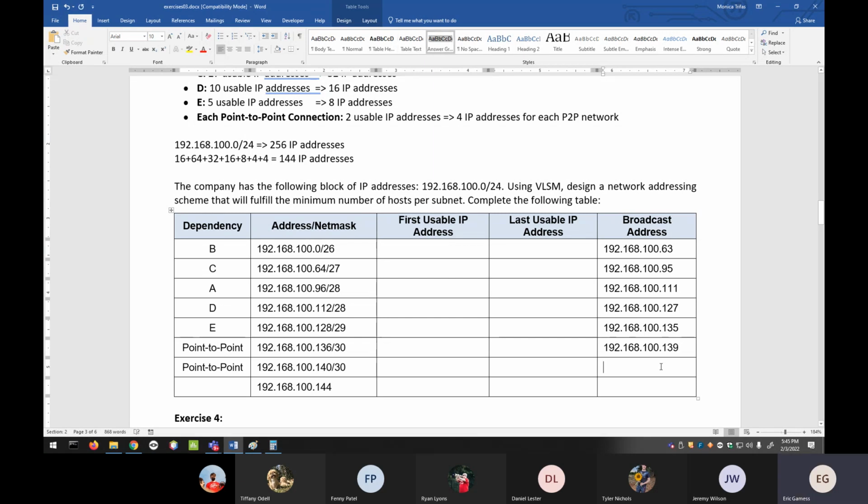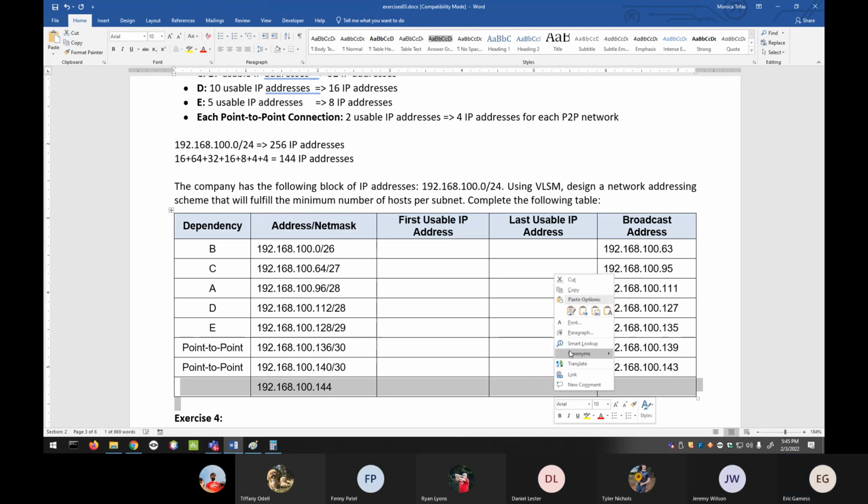And here it's going to be 143, okay? So I removed this, that was there to help you.